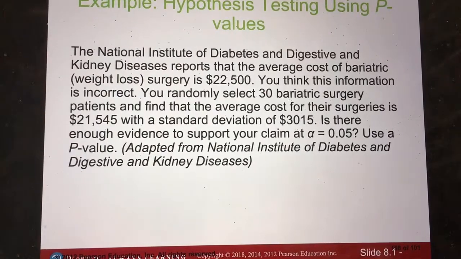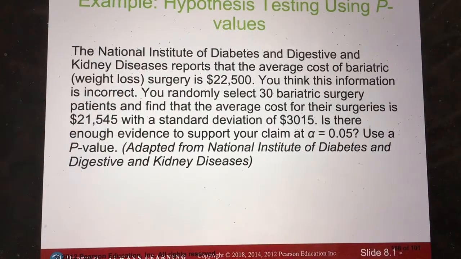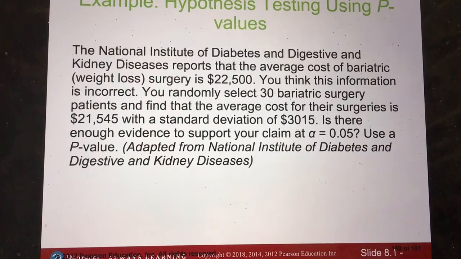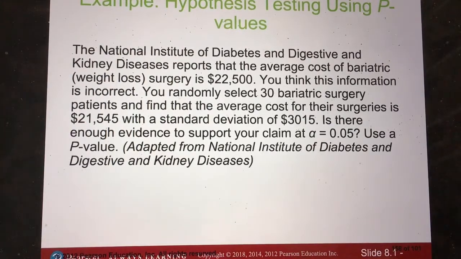Okay, National Institute of Diabetes and Digestive and Kidney Diseases reports that the average cost of a bariatric weight loss surgery is $22,500. You think this information is incorrect. You randomly select 30 bariatric surgery patients and find that the average cost of their surgeries is $21,545 with a standard deviation of 3,015.